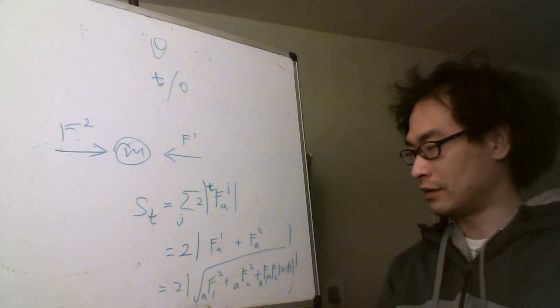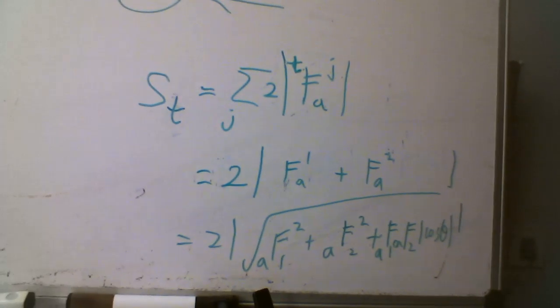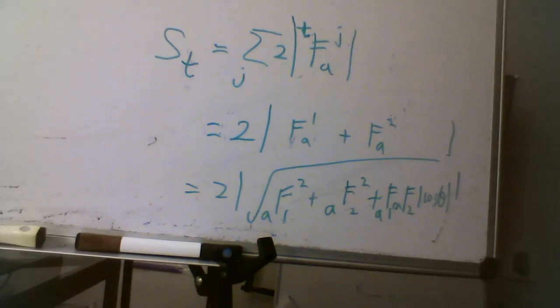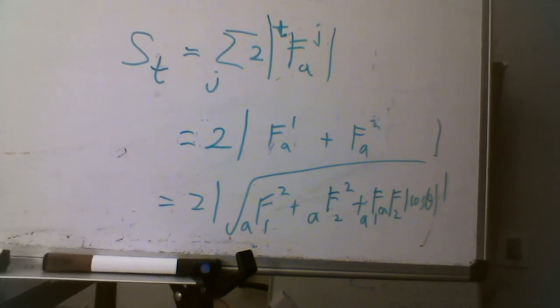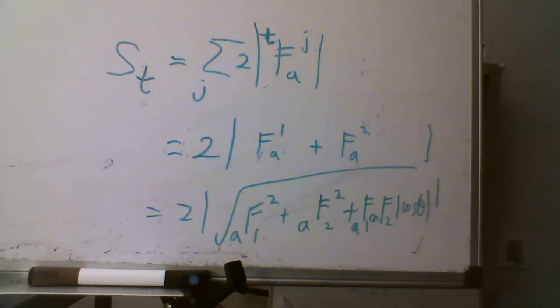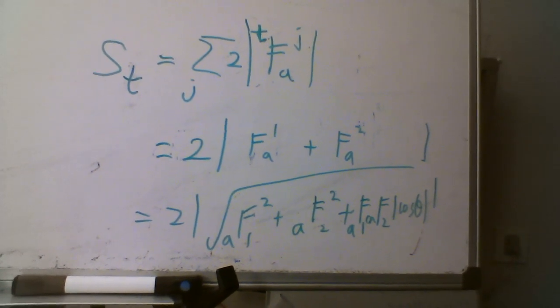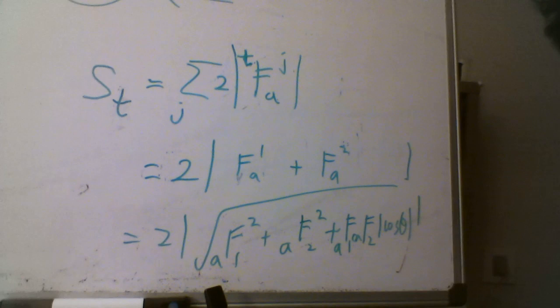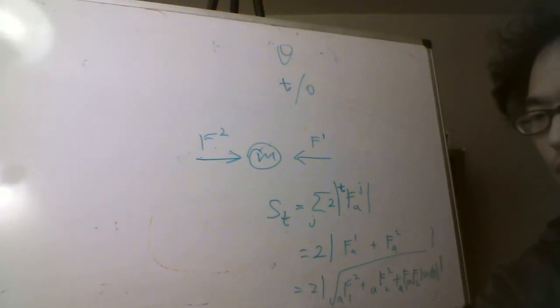Yeah, you can kind of read this. So here, FA1 squared, FA2 squared, FA1 times FA2 times the absolute value of cosine theta. So that's the general formula.